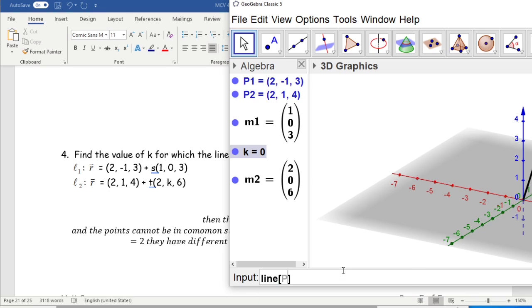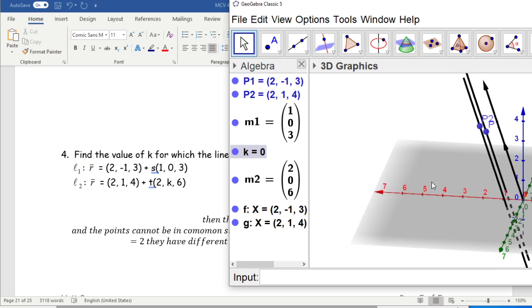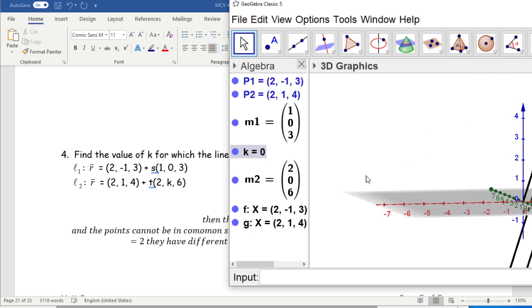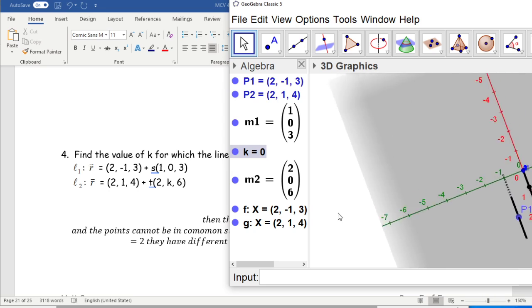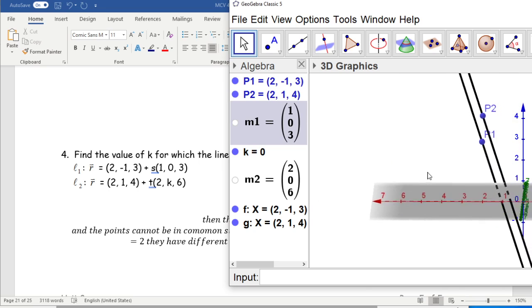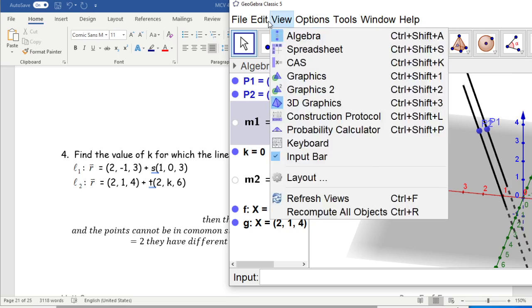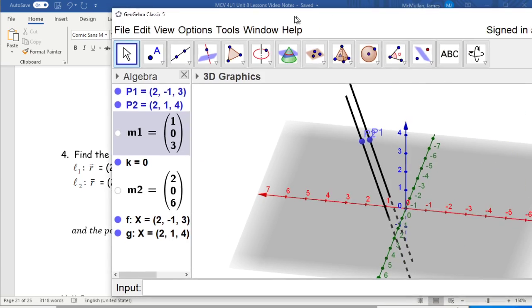So we have line P1, M1, and then line P2, M2. Set k back to 0. Now you can see these two are parallel and distinct if k is 0. So let's get rid of the direction vectors, and that's pretty clear. Now, I should bring this back over so you can see it better.